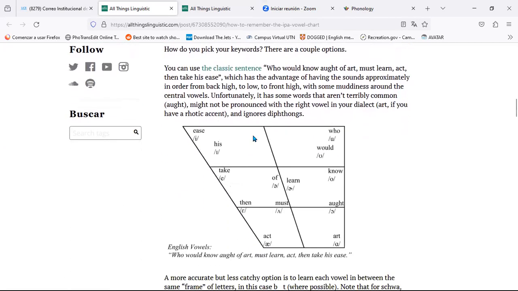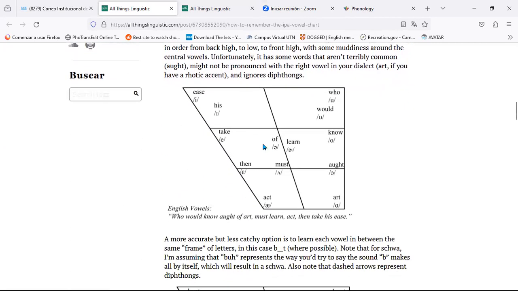When we go to the middle, we're going to find the schwa. Now, this schwa and this one are actually the same sound, but they are used differently according to whether the word is monosyllabic or has more than one syllable, and it has or does not have the stress.